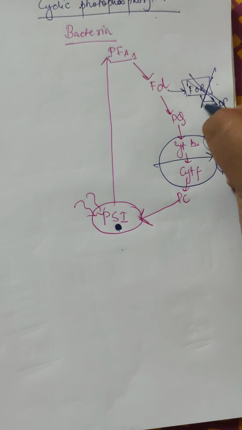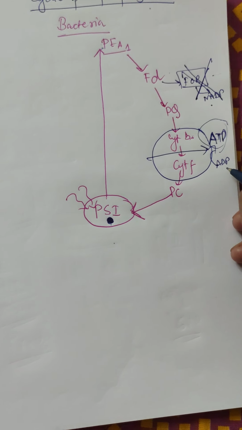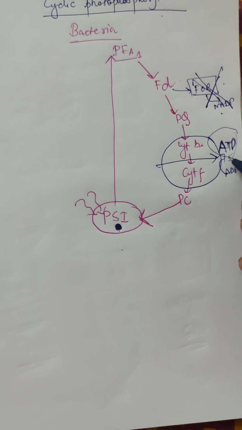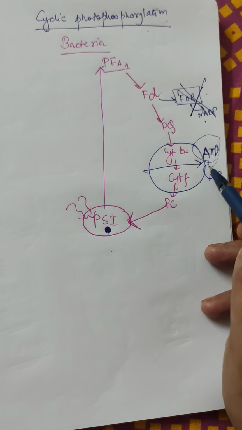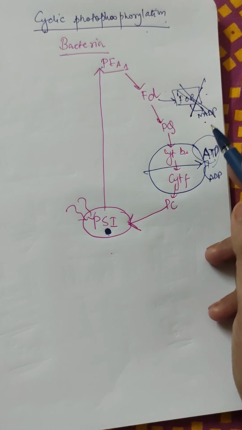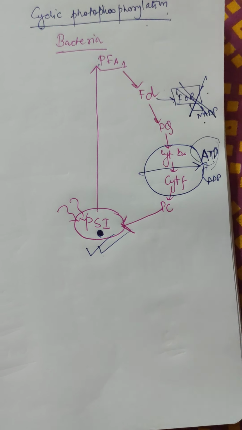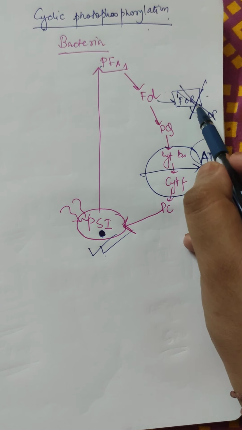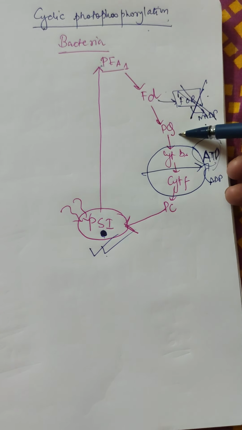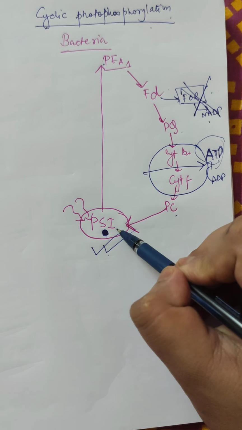That is why NADPH is not produced, but definitely ATP is produced, and this type of photophosphorylation is known as cyclic photophosphorylation, where you have ATP production but not NADPH production, where only one photosystem, photosystem 1, is involved, and ferredoxin does not pass the electrons to ferredoxin NADP oxidoreductase, rather it passes the electrons to plastoquinone, then to the cytochrome b complex, then to plastocyanin, and that comes back to photosystem 1, and this occurs in case of bacteriochlorophyll.